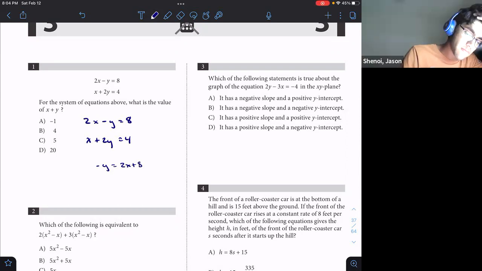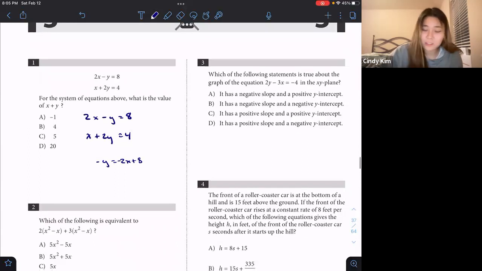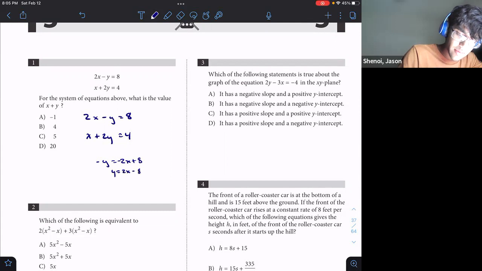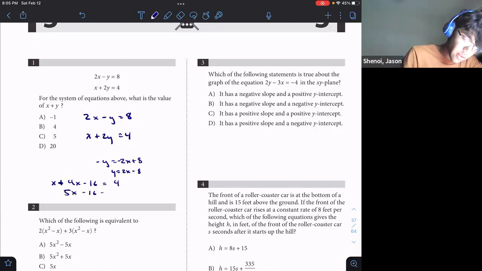No, it's negative 2x. And y equals 2x minus 8. Okay, so I put this into that y, and it turned out that x is negative 12 over 5. 5x minus 16 is equal to 4.